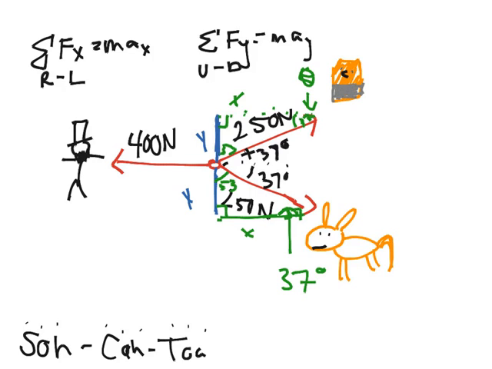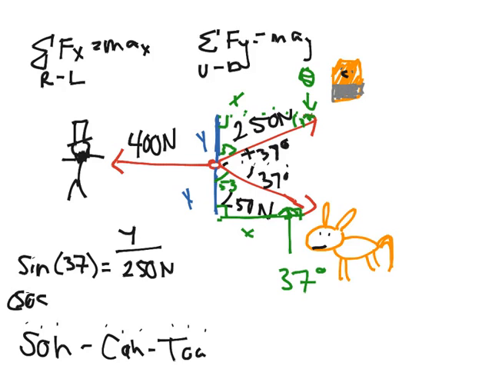So if we do sine of our angle 37 is equal to the opposite. Our opposite is the y. So our y over our hypotenuse, which is 250 newtons. And then for the other one, same thing, except now we want to find the adjacent, which is our x, so it'd be still 37, but now we do cosine of our x over the 250 newtons, which is our hypotenuse.